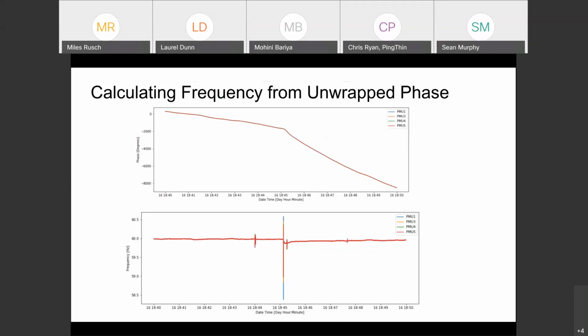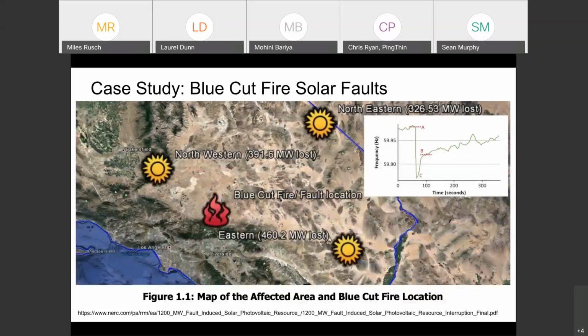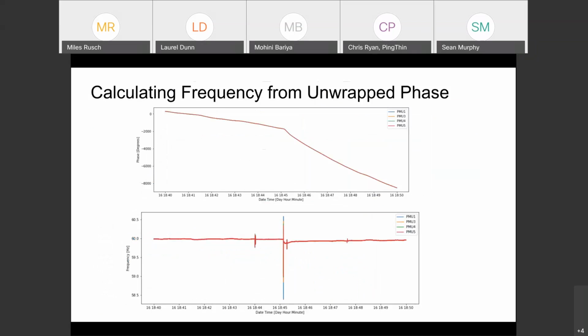And there's a few things to notice. The frequency displayed in the report of the Blue Cut fire fault looks very different than this frequency initially, and we'll explore that.